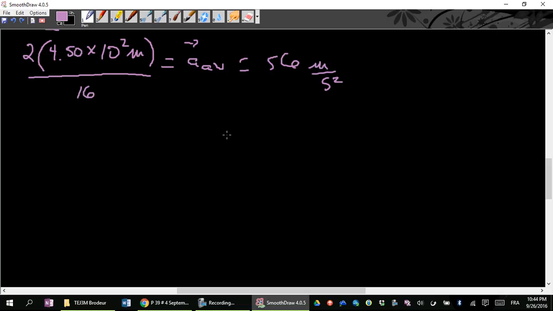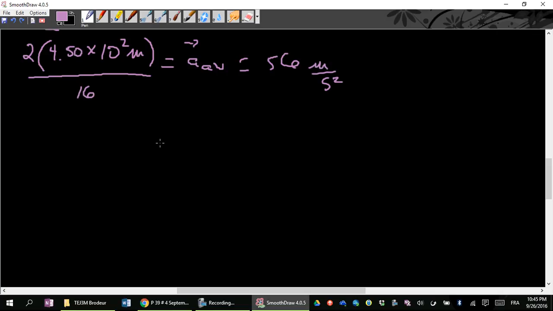What are we looking at? We are looking at V final. We have the initial velocity, we have the delta time. So equation 2 looks like it would work really well. Yeah, it's actually really simple.